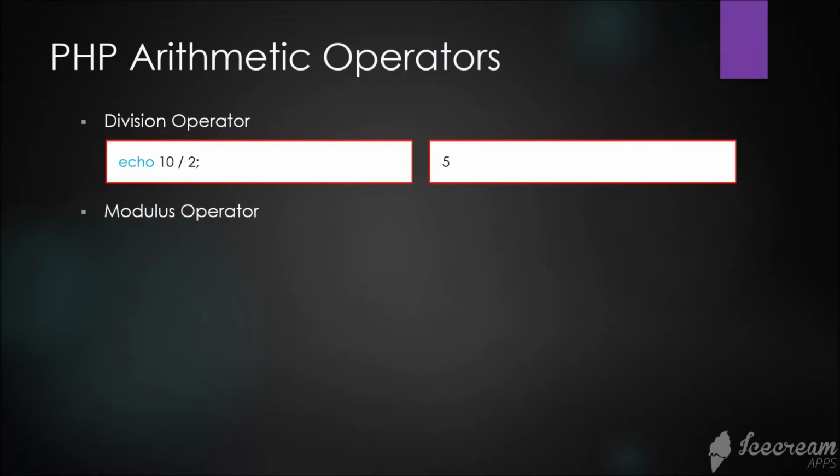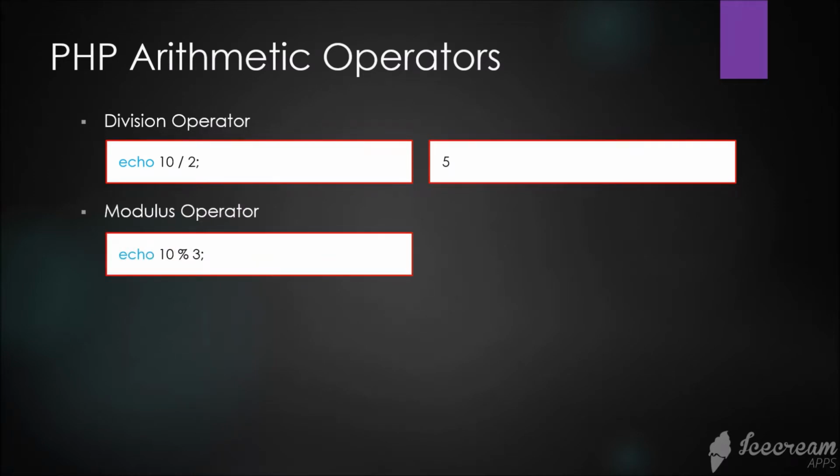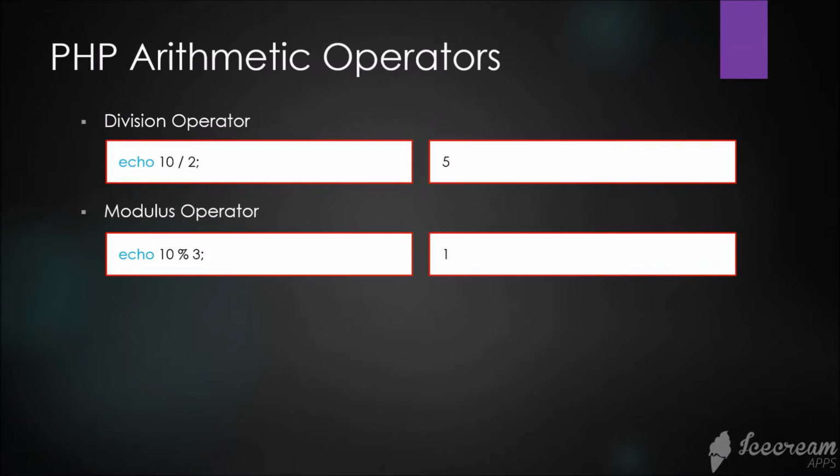Then the modulus operator: if we get 10 modulus 3, the answer is 1. Why? If we divide 10 by 3, the answer is 3 point something. Now, if we calculate that and try to get the remainder, it will be 1. So that's the modulus result.